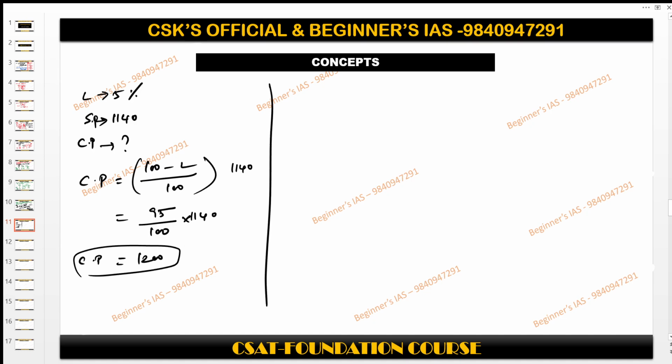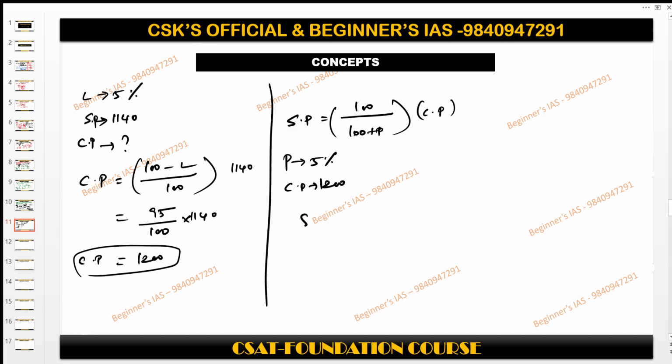So now for this CP you need to find out the SP. So SP is equal to what? 100 plus P by 100 into CP. Why plus? Since it is given in the question as a 5% profit. So the P is equal to 5%. So then CP you have just found. So now you can use it. So therefore 105. Whether we need to find out the SP or SP only, right?